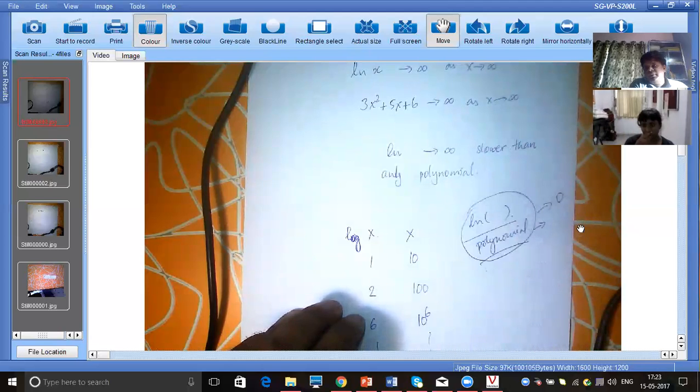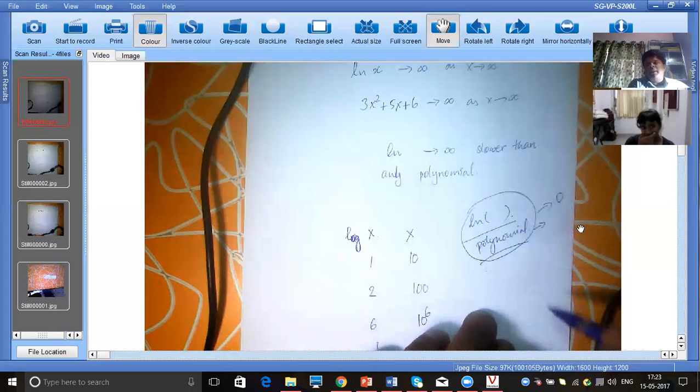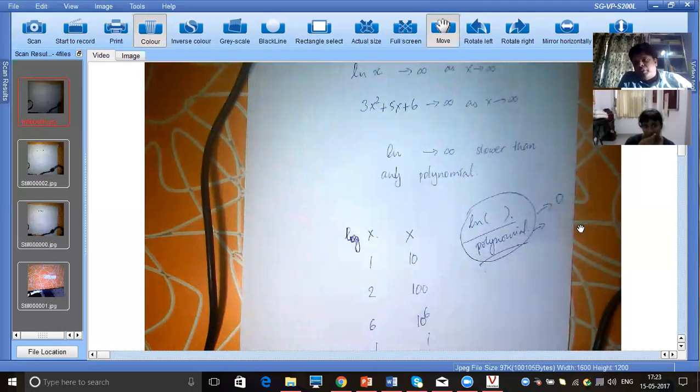You can take L'Hopital's rule and show that, but as a rule of thumb, whenever you have log of a function divided by a polynomial, the log will inch to infinity much slower than the polynomial, so the ratio will go to 0.